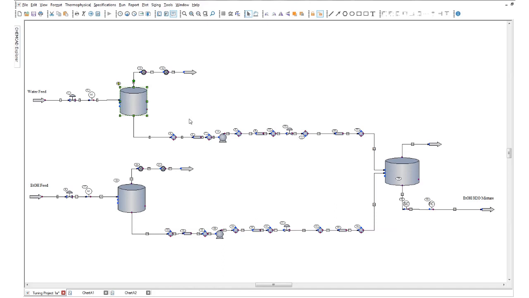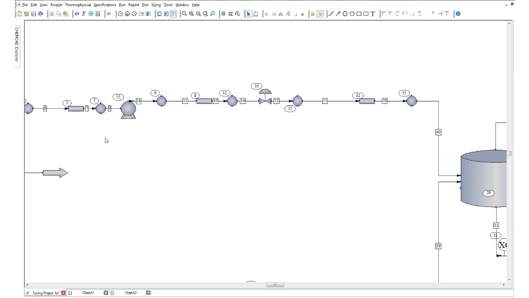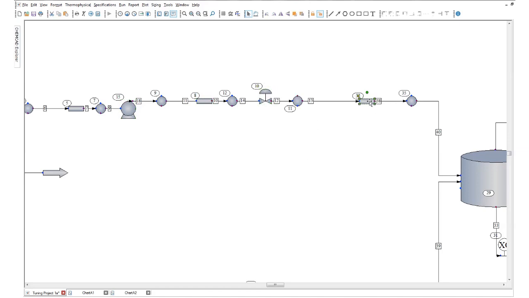Coming out of the bottom of my feed tank, I have a pump system with a control valve. We have a length of piping followed by a pump, another length of piping, a control valve, more piping, and then this stream will enter a mixing tank.